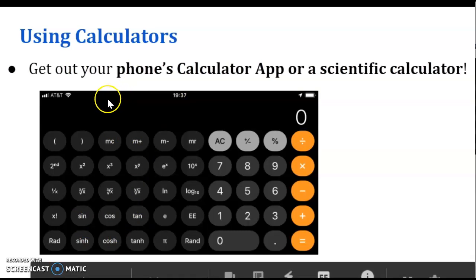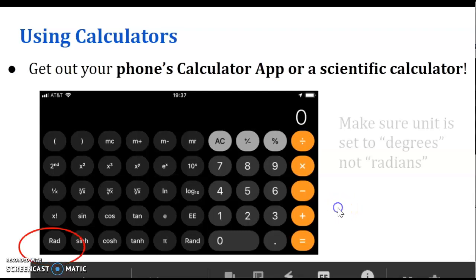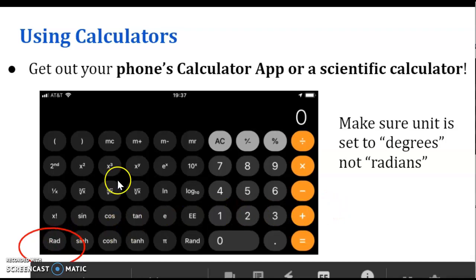And to get to the inverse, you just need to press second. I will show how to use these buttons in class. One thing you need to make sure is to set the calculator to degrees, not radians. So do not press this red one.